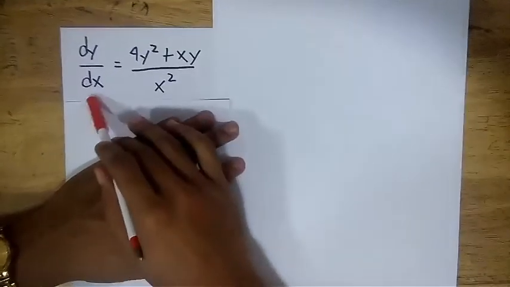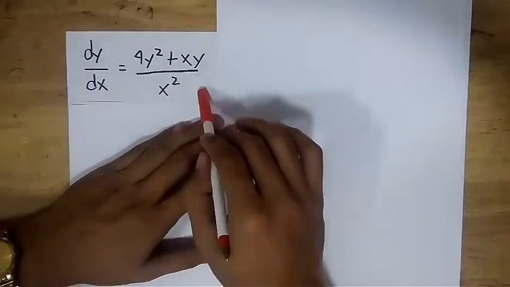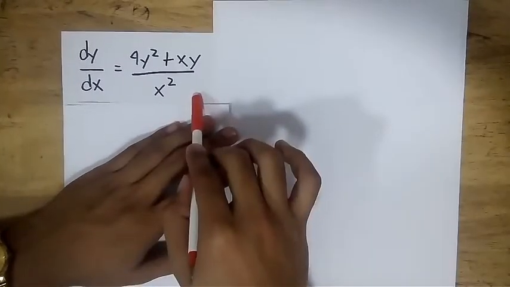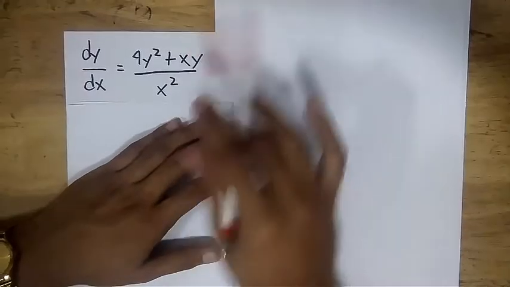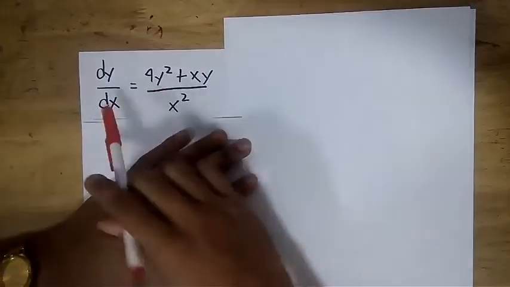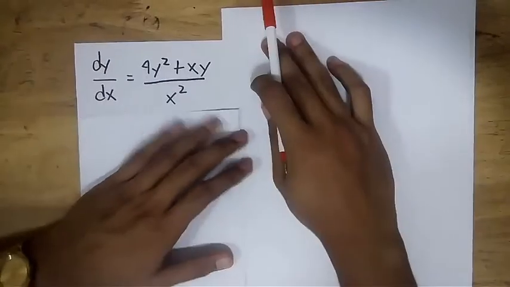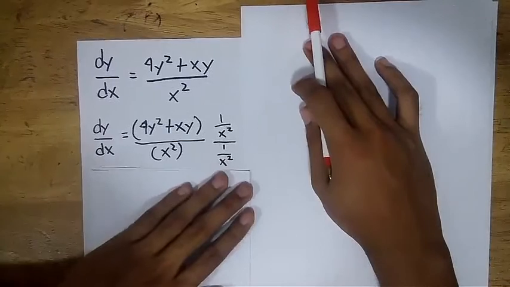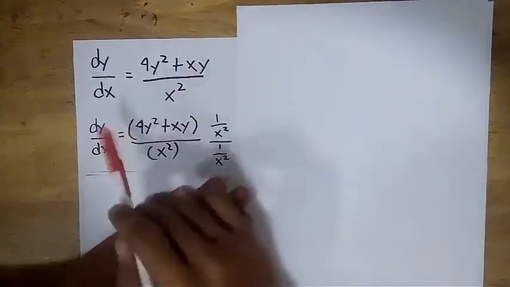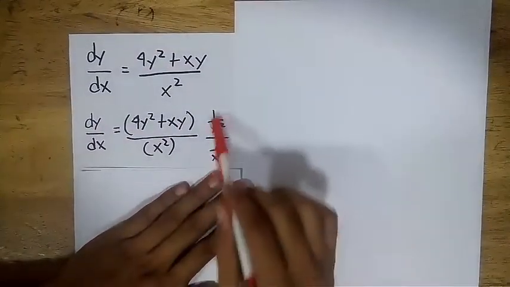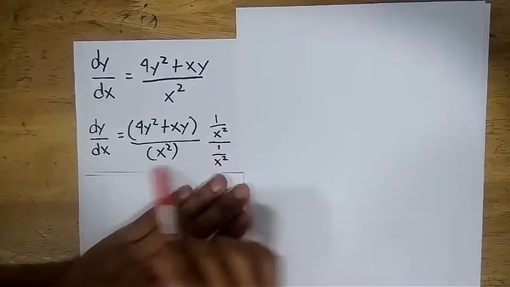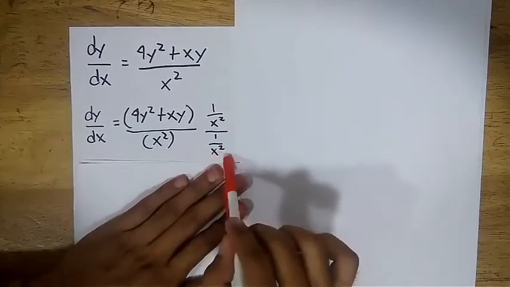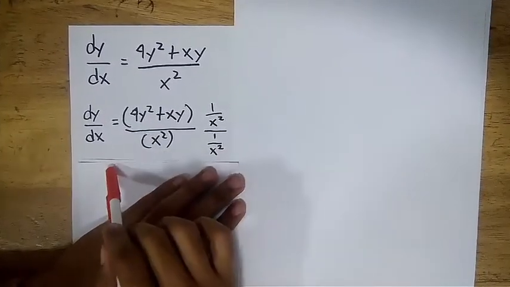So let's proceed to the example of a homogeneous equation. dy over dx equals (4y squared plus x times y) over x squared. Let's check if it is a homogeneous equation. It will be multiplied by 1 over x squared, both the numerator and denominator.